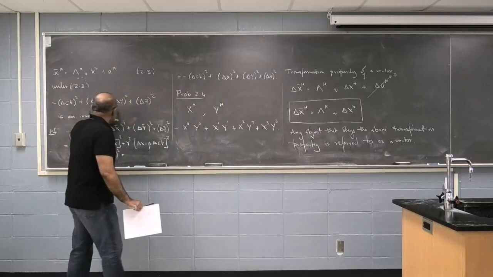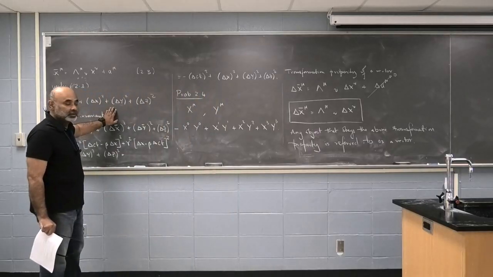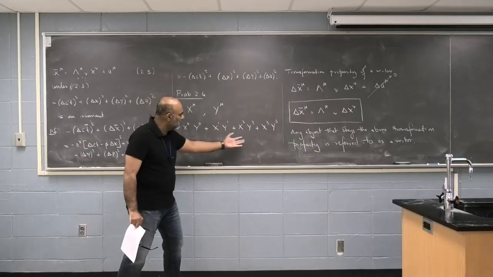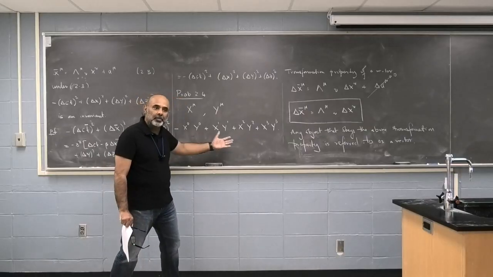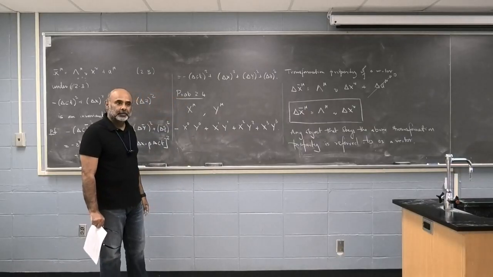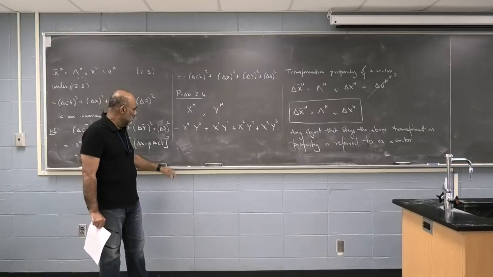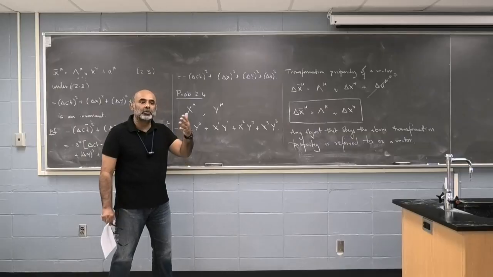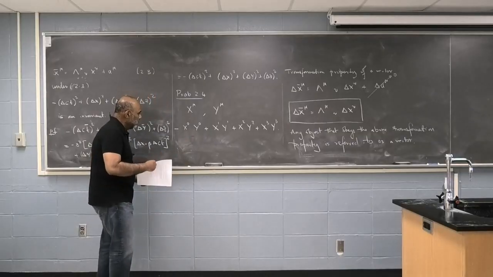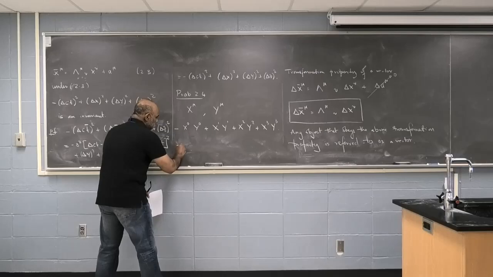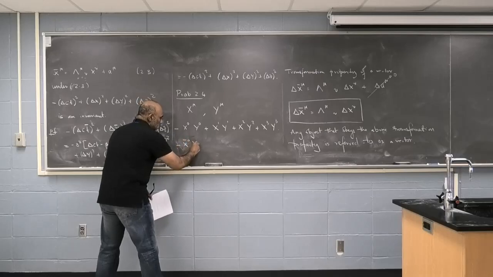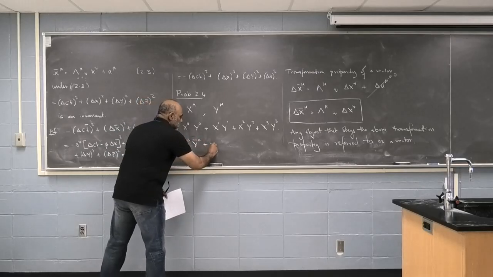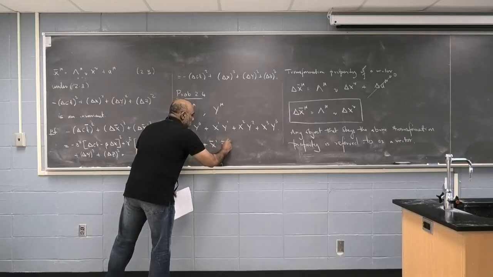It is really a small, tiny variation of this. But nonetheless, this looks like a space-time dot product. So would you just Lorentz transform x and y? X0 and Y0, X1 and Y1. What you'll do is start with minus X bar 0, Y bar 0, plus X bar 1, Y bar 1.